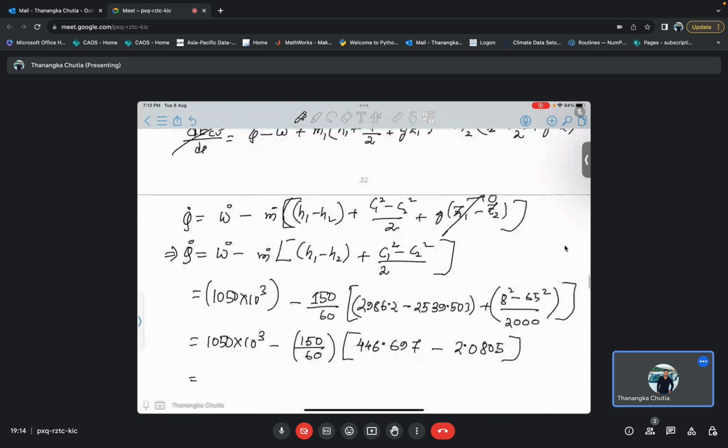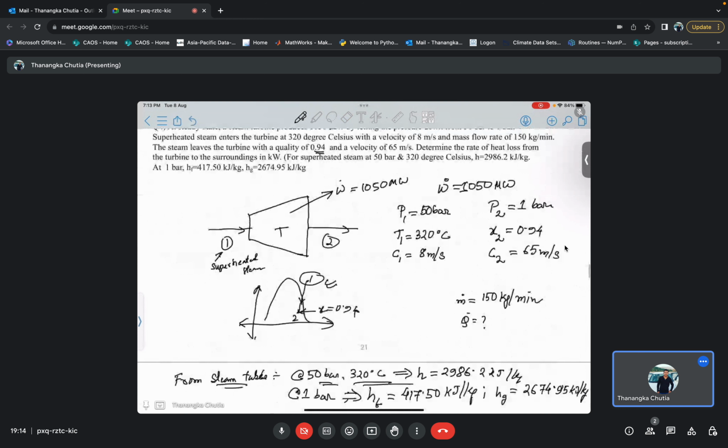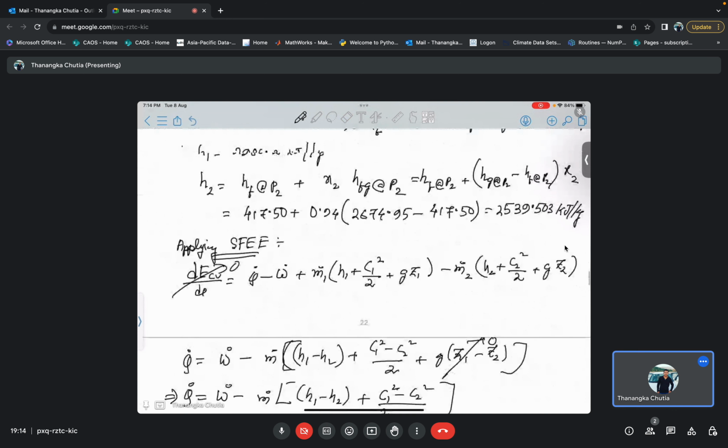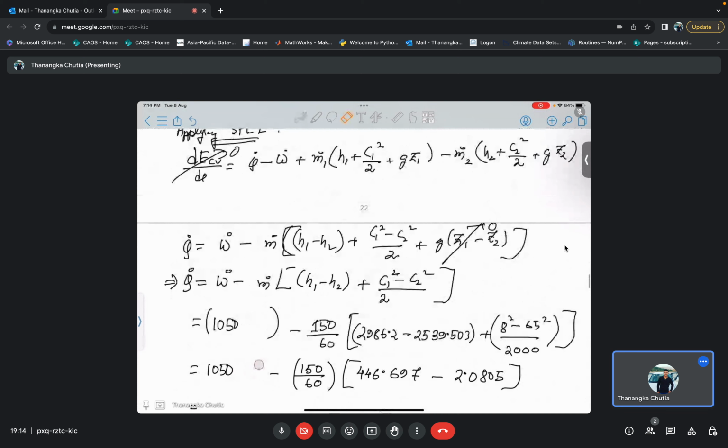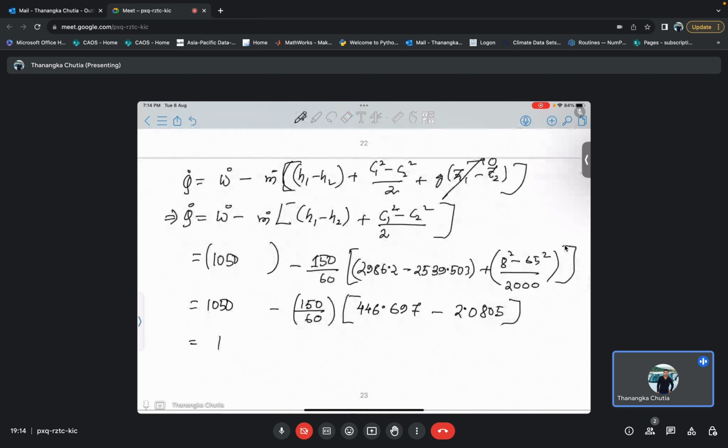So here it is kilowatt: 1050 minus 1111.54, which is minus 61.54 kilowatt.